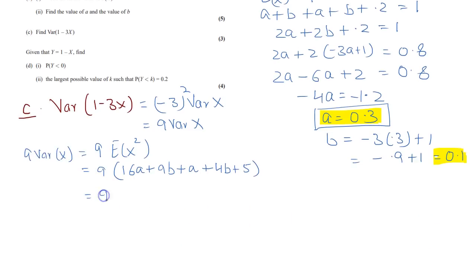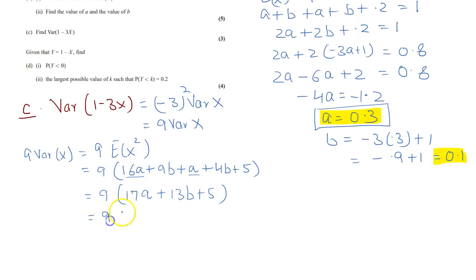So that is equal to 9 times, 16A plus A, that is 17A, plus 9B plus 4B, 13B, plus 5.